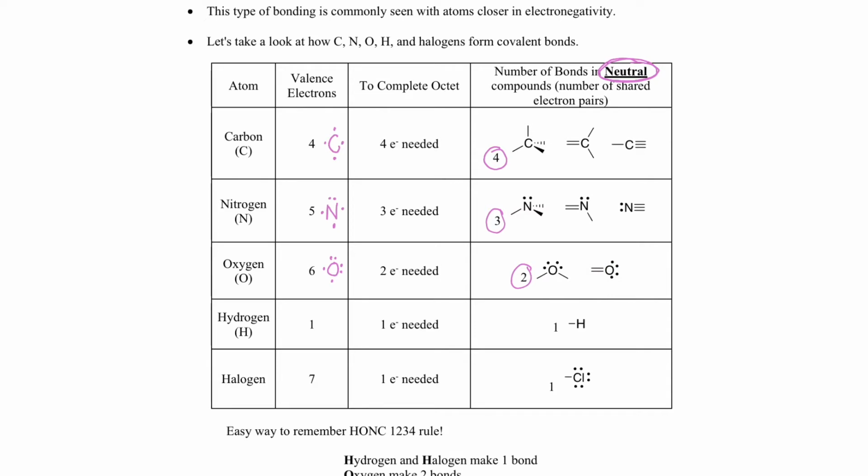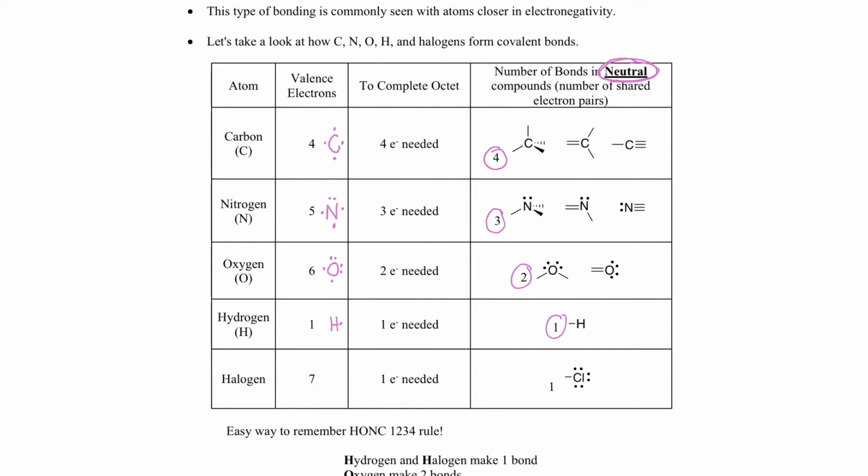With hydrogen, something that we're pretty familiar with, it's number 1 on your periodic table. It has 1 valence electron and we'll only need 1 additional electron to complete octet. So we only have really 1 option. All we can do is form a single bond. That's it. We can't really do anything else. And halogens are pretty similar to hydrogens in that sense.